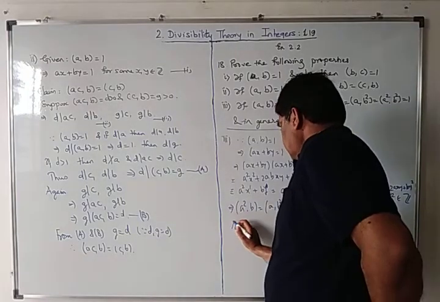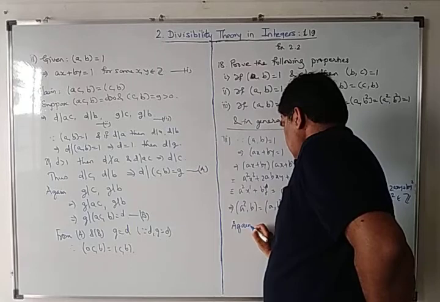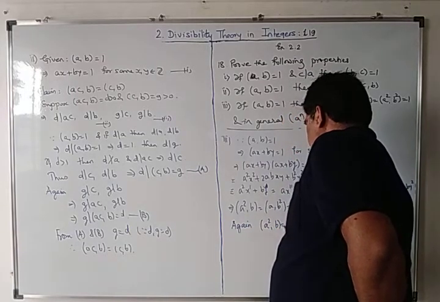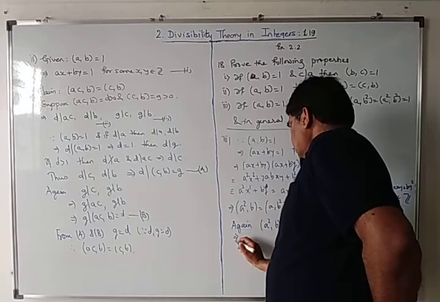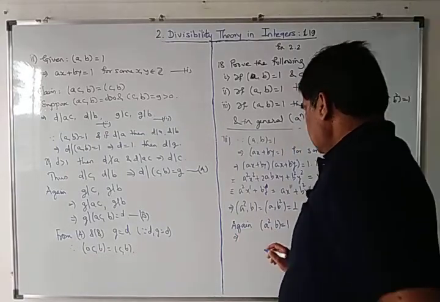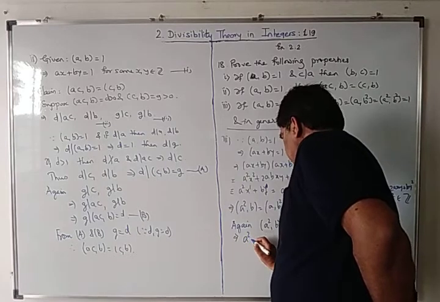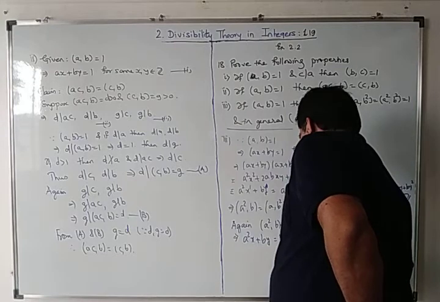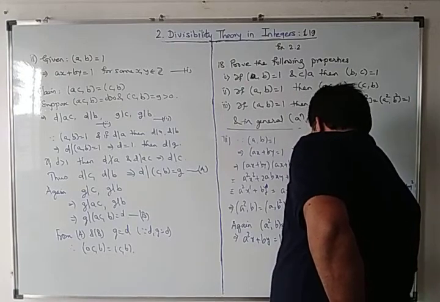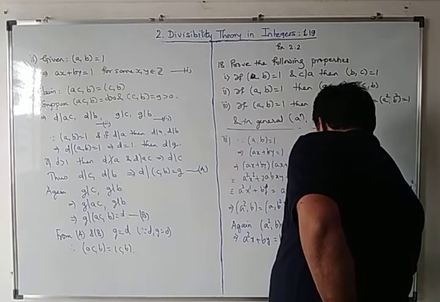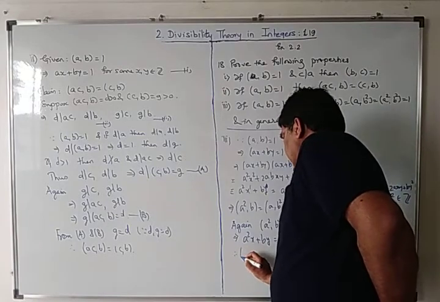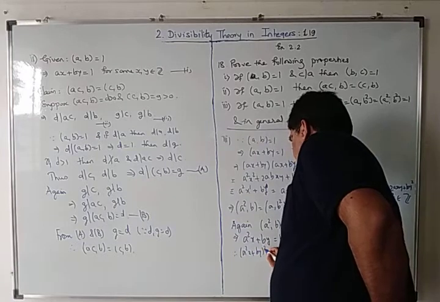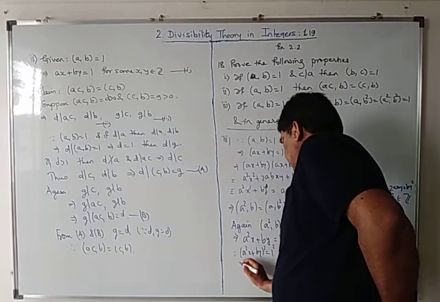Again, GCD of A square, B is equal to 1 implies A square x plus By is equal to 1 for some x, y belongs to Z, and therefore (A square x plus By) square is equal to 1 square.